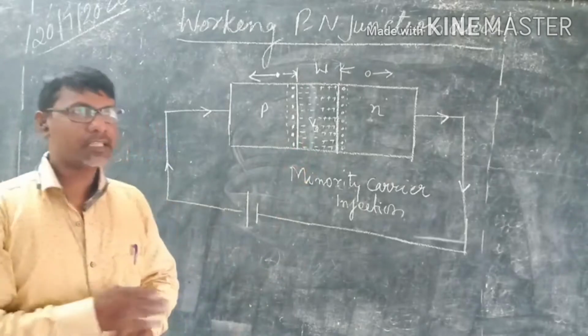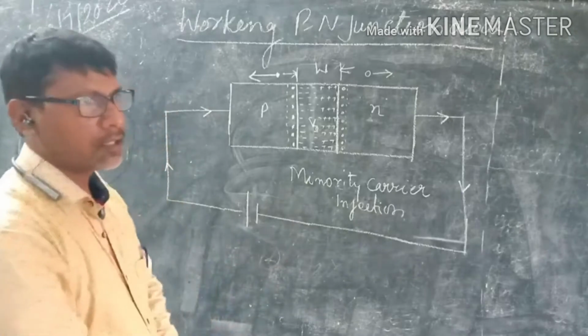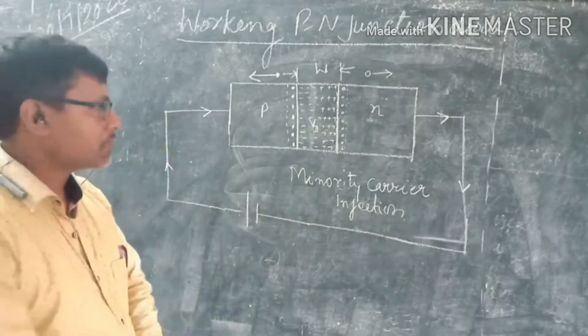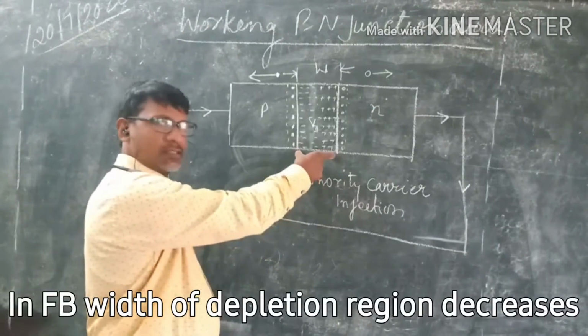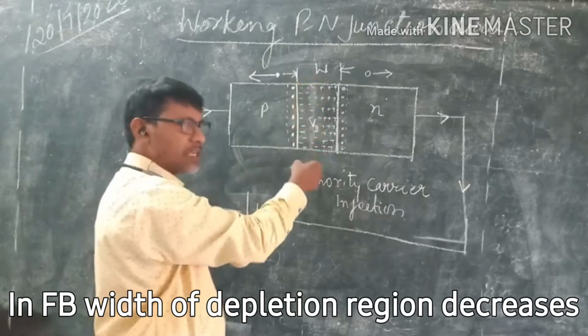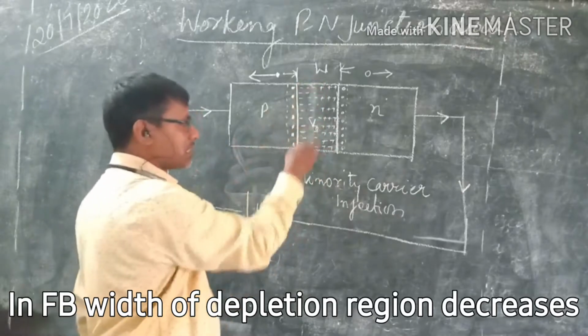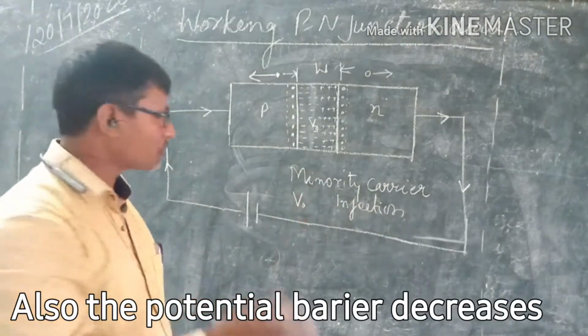So basically, you can note that for the action of this semiconductor diode, two things happen. First, the width of the depletion region decreases, minimizes. Second, the potential barrier created during the formation will also reduce.